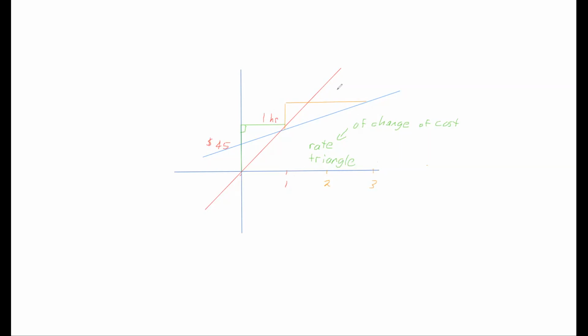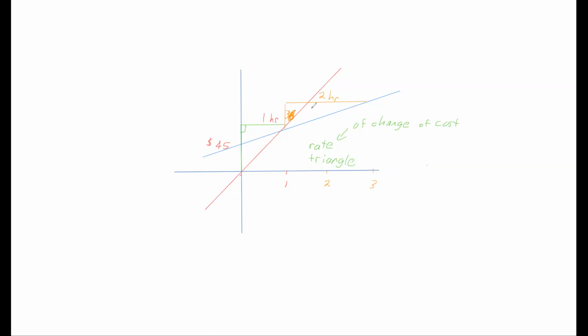Well, from 1 hour to 3 hours, there's a 2 hour change. And the cost, well, his value is increasing $18 for every 1 hour. But over 2 hours is actually $36. Sorry about that. So that should be 36.